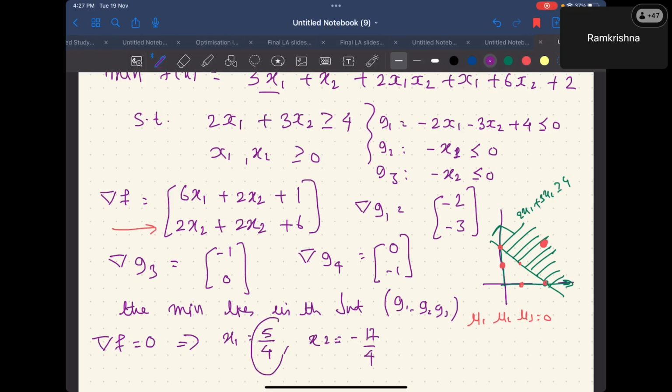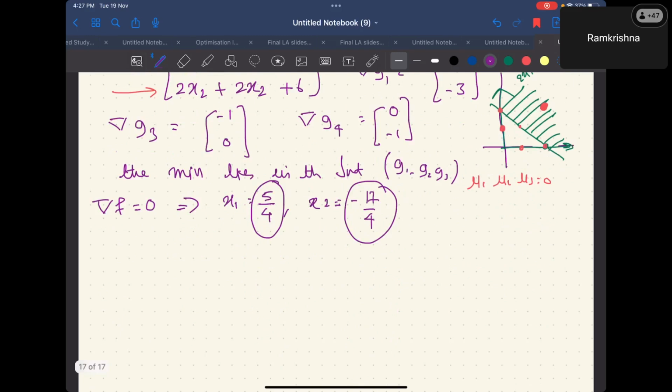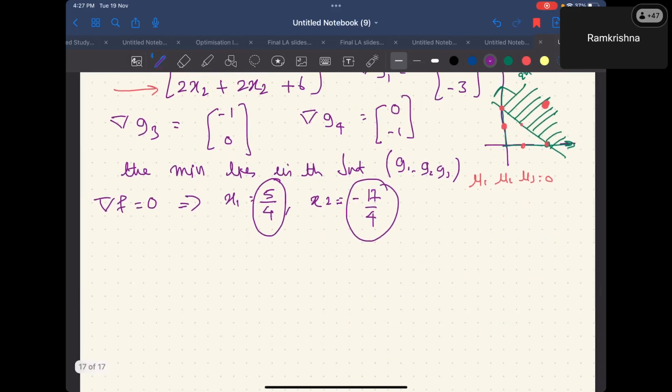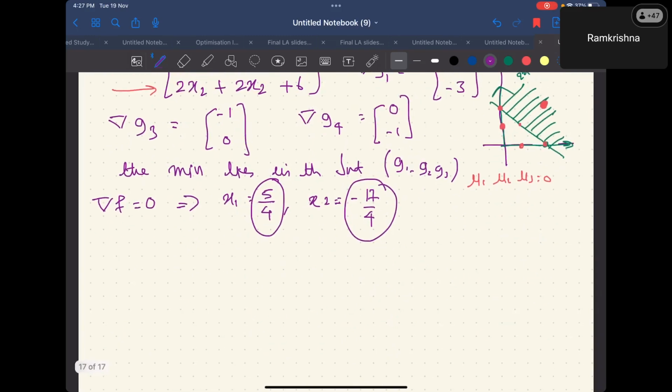Where x1 is 5 by 4, x2 is the negative of 17 by 4. If yes, how? If no, why not? Not in the positive quadrant, because the condition violated is x2 is not greater than 0.